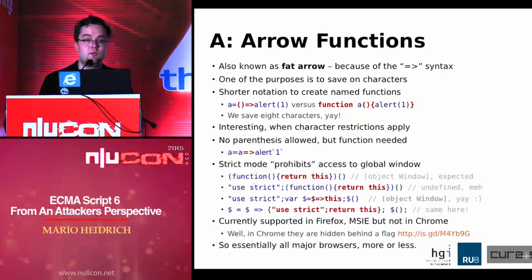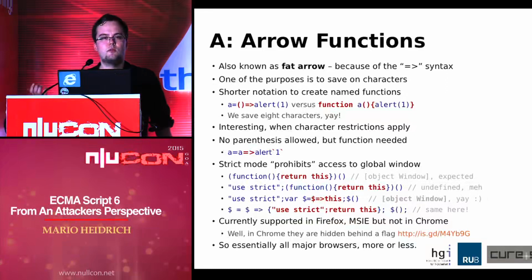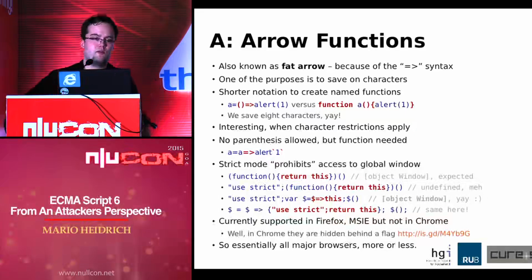What the cool kids do today in terms of creating functions is use arrow functions. So they have the label a equals, then parentheses, then the fat arrow, and then the body of the function. There are no curlies anymore, and there is not even a need for parentheses. So we can save characters, and one of the motivations for creating arrow functions was to have a shorter notation to create functions.